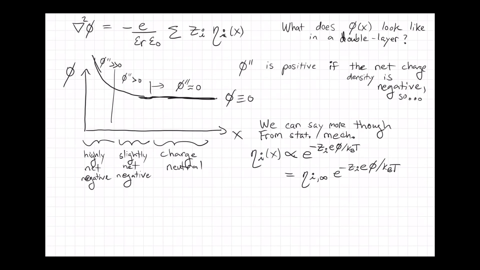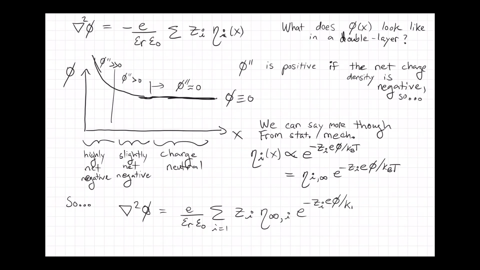All right, so let's put that all together. If we go back to Gauss's law and put it all together, we get that the Laplacian of the electrostatic potential is balanced by this net charge from place to place, which we now know is related from statistical thermodynamics by an exponential factor that itself has the electrostatic potential tucked into it.